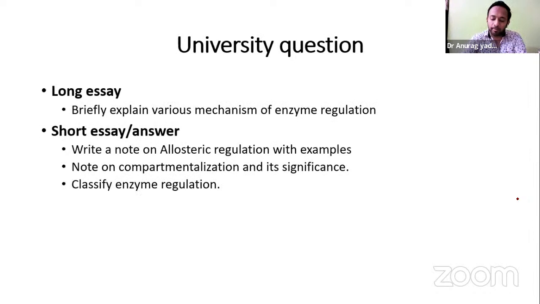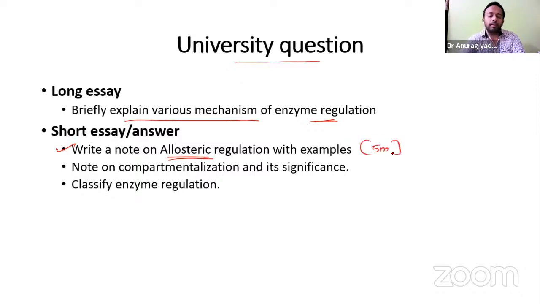To summarize with the university questions, most commonly they'll ask: briefly explain various mechanisms of enzyme regulation. So you have to write what is enzyme regulation, what is its significance, and what the different types of enzyme regulation are, and give examples. In the same way, they might ask you to write a note on allosteric regulation. This can be a 5-mark question. Allosteric regulation is regulation using another site, the allosteric site.